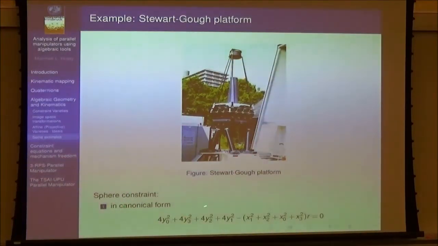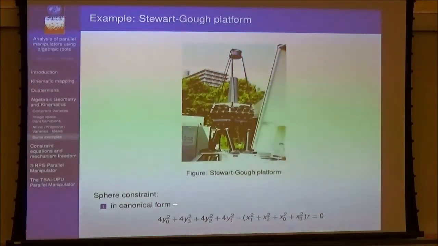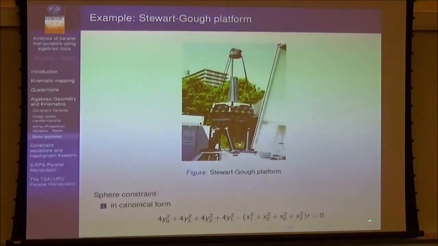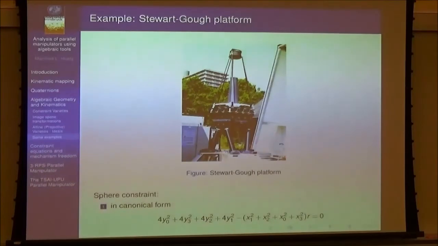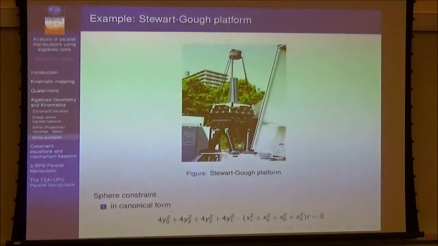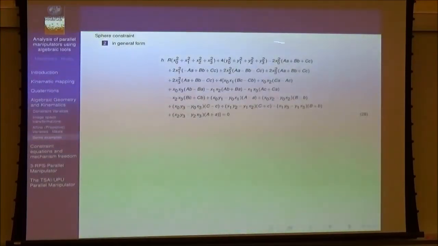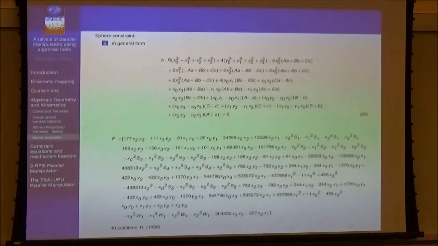So the canonical form with the best adapted coordinate system is this constraint equation. You see a very interesting constraint equation. Here you have a normalizing condition, and here you have just the y's. So the circle constraint is very simple, but when you apply a coordinate change, base frame and moving frame, because you can only put one leg in special coordinates, the other ones have to be general, then this constraint equation looks like this.